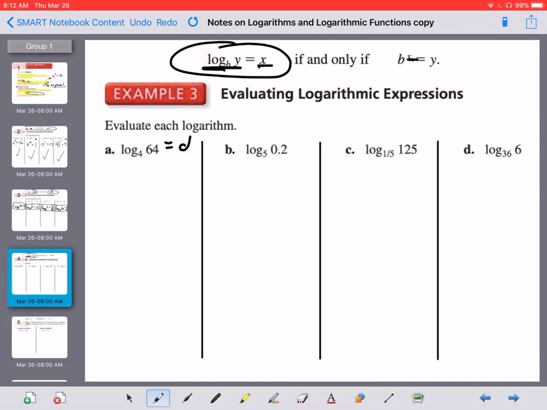Let's say D, F, let's not use E because E can stand for the number e that we went over in the last chapter.